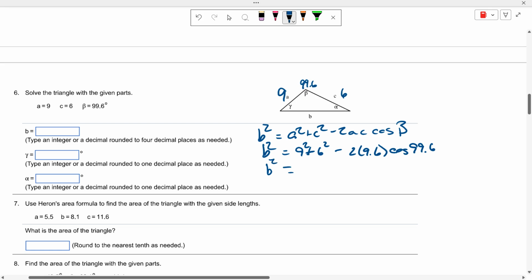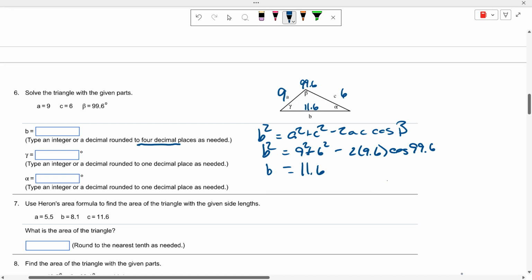So b squared equals a big number, bigger than 9 or 6, but then you have to take the square root of it. So what does b equal? 11.6. Then you can do law of sines from there.